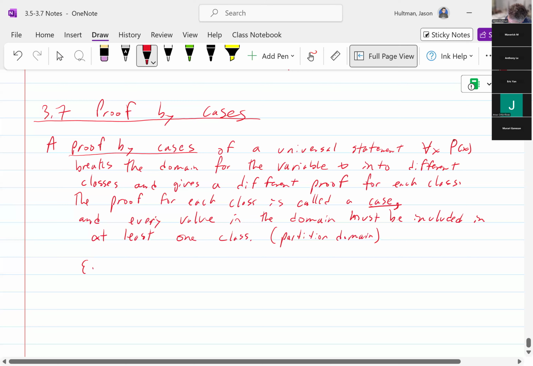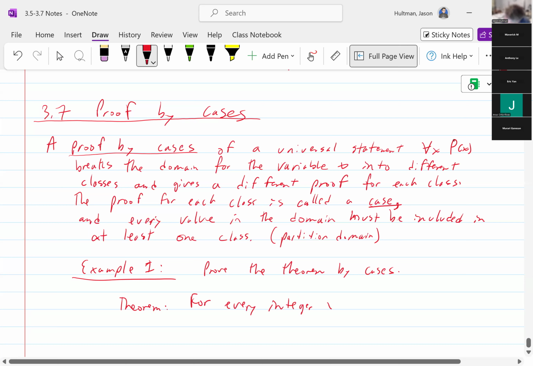Okay, example one. Prove the theorem by cases. Theorem: for every integer x, x squared minus x is an even integer.